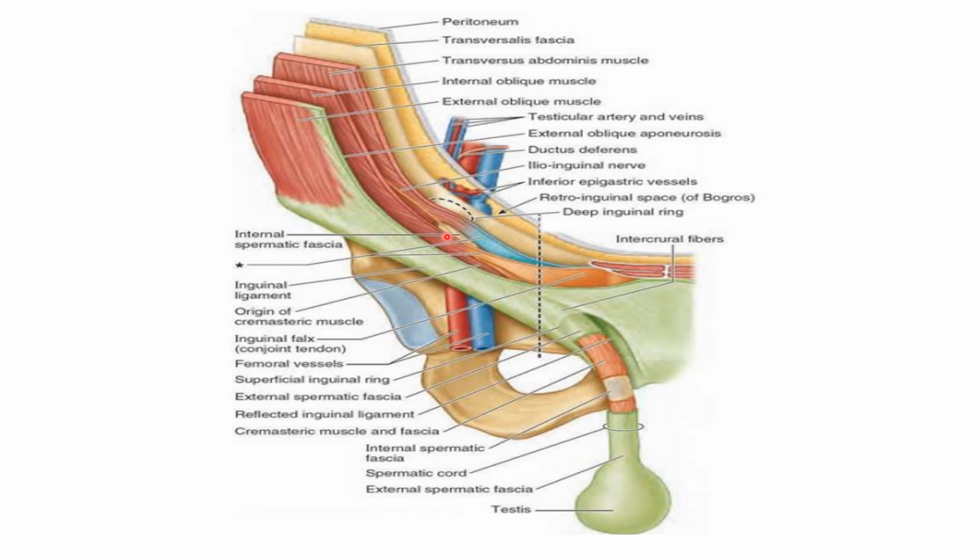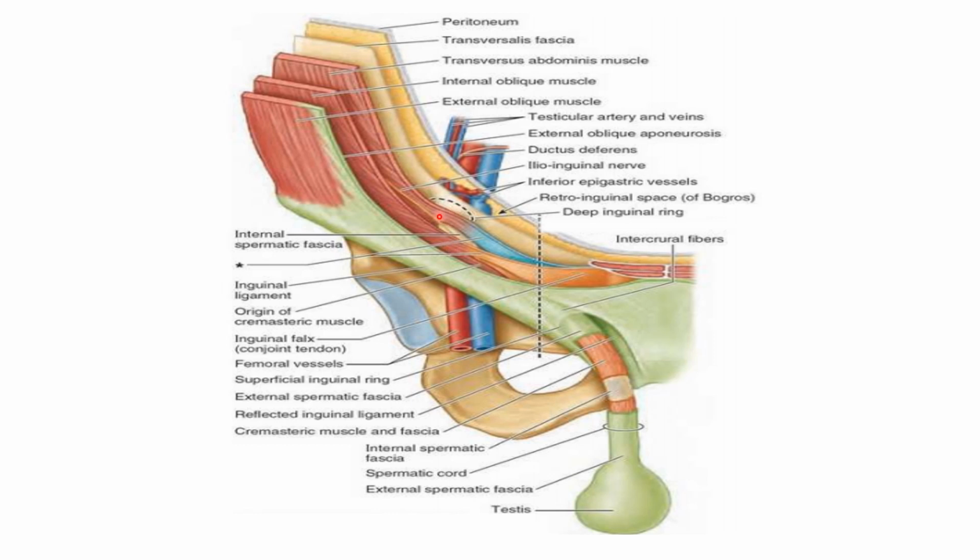Over here you can also see the ilioinguinal nerve. It does not enter the canal through the deep inguinal ring; it enters by piercing the internal oblique muscle, and then runs between the internal oblique and transversus abdominis to run through the inguinal canal. So it is a content of the inguinal canal, but it does not enter through the deep inguinal ring like the spermatic cord.